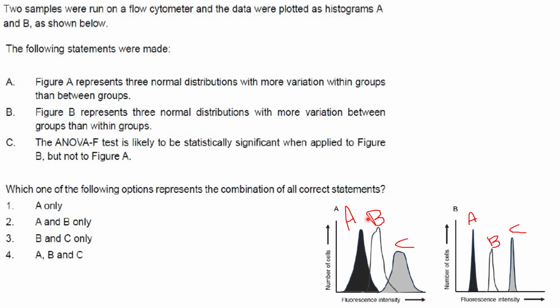That is, between A and B or A and C or B and C, the variation is less when compared to variation within A alone. But here, the variation within each group is less, but between groups there is more variation.